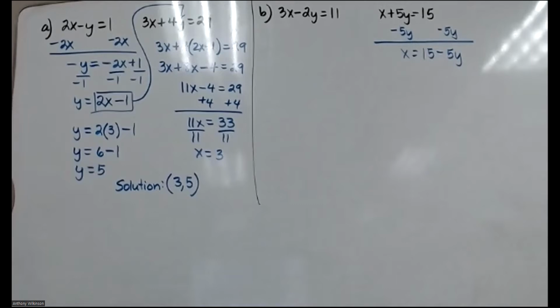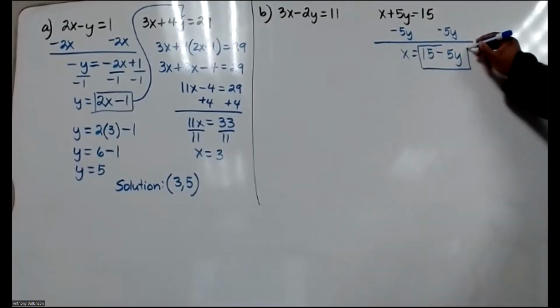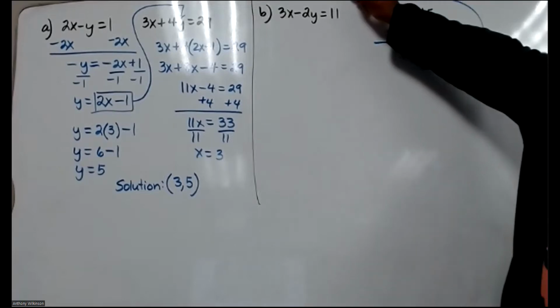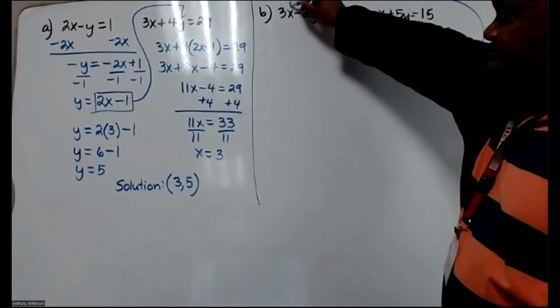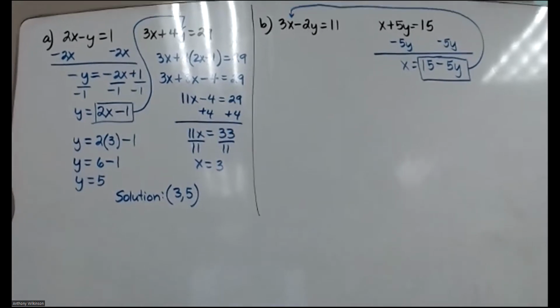So here's where the substitution comes in. Since x is equal to 15 minus 5y, I'll take that 15 minus 5y and substitute it for x in that first equation.